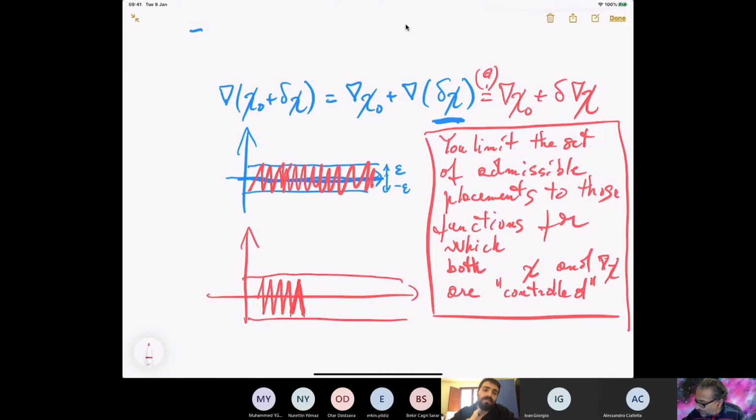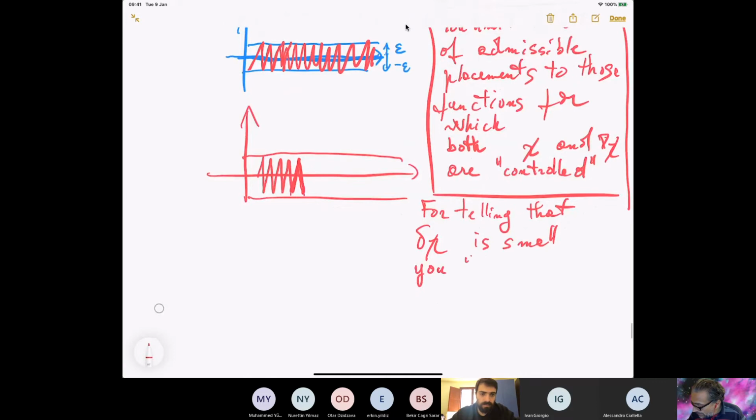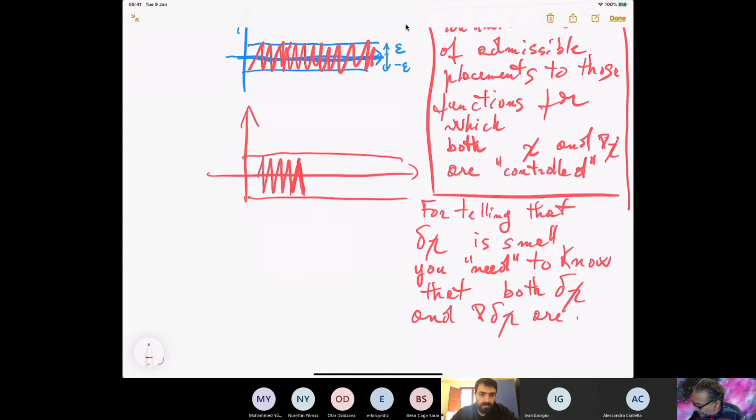So, in other words, for telling that delta chi is small, you need to know that both delta chi and grad delta chi are small.